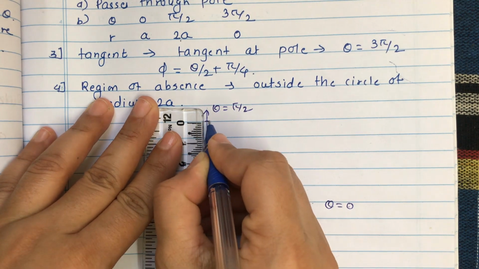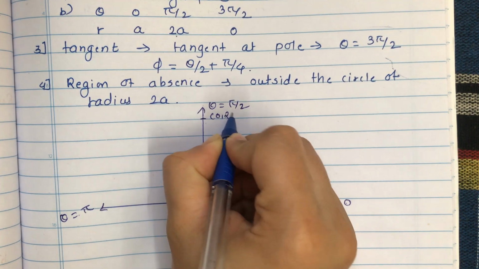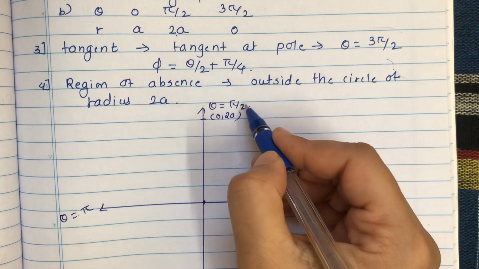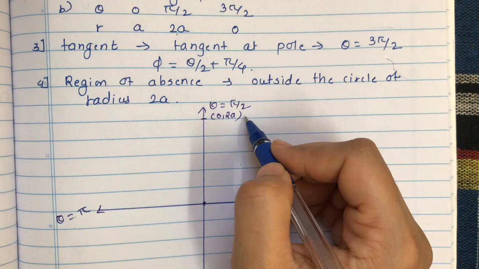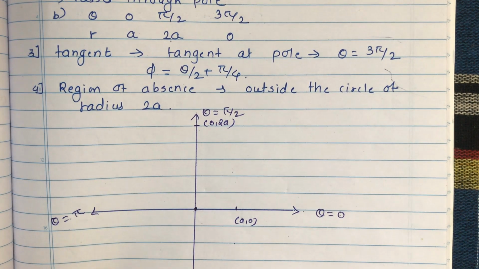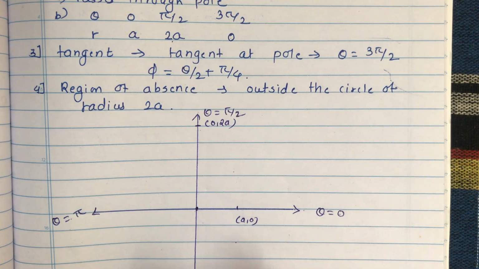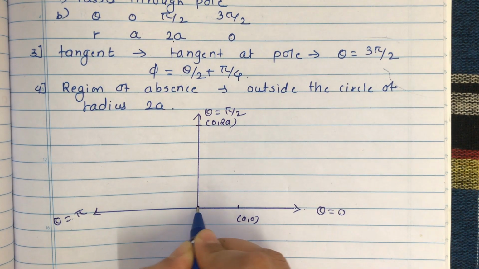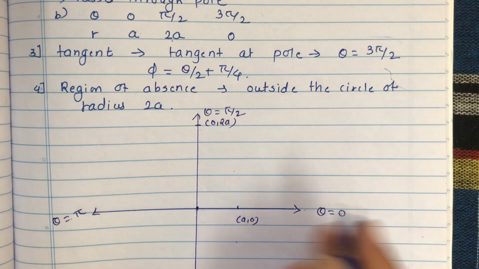So this will be the point, and here we can write (0, 2a) as per Cartesian coordinates. So don't get confused between polar coordinates and Cartesian coordinates. Next, 3 pi by 2, r is equal to 0. So this is the line theta is equal to 3 pi by 2, and here r is equal to 0, that means it will be the pole.